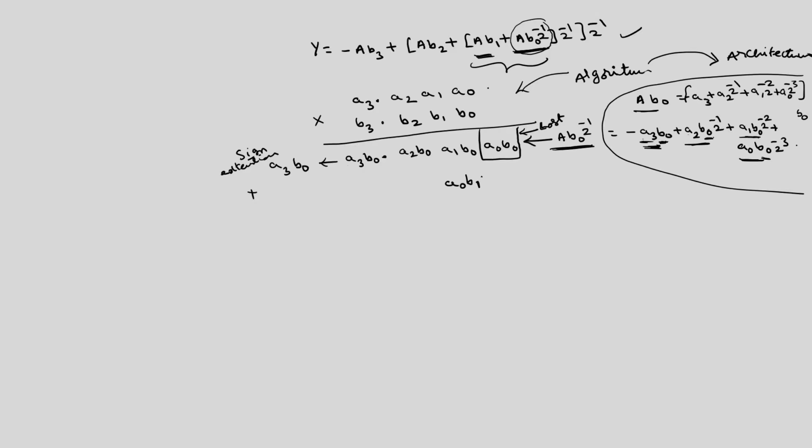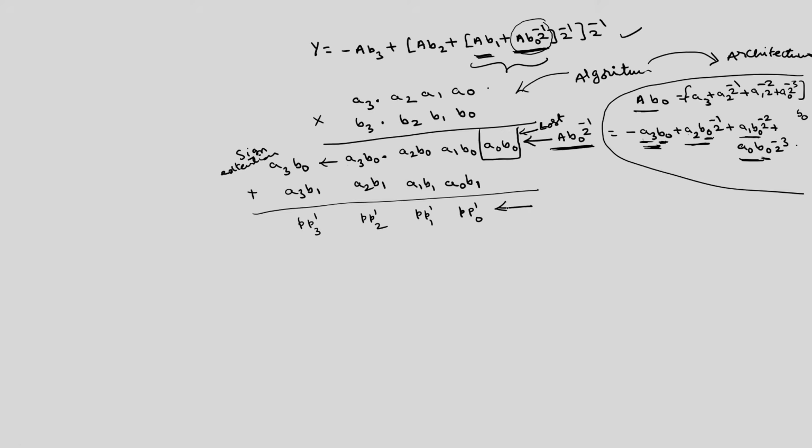If I add this, I will call this partial products, this is not the final product. So, I will call this partial product 1, the 0th bit, partial product 1 the 1st bit, partial product 1 the 2nd bit, partial product 1 the 3rd bit. This is the notation that I am following.